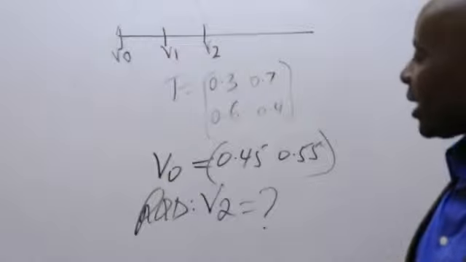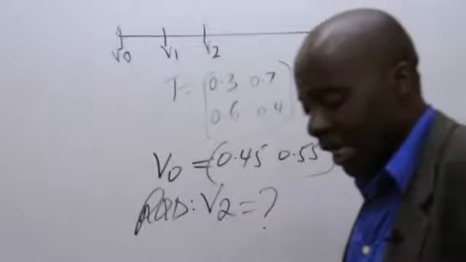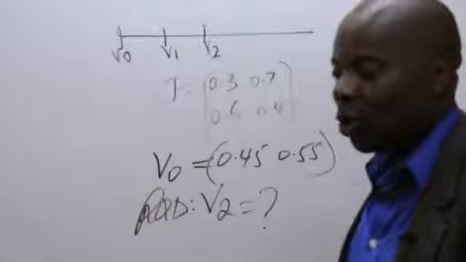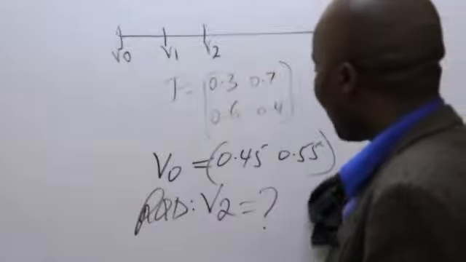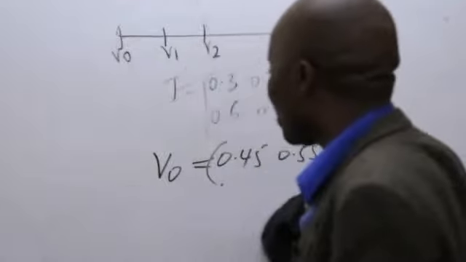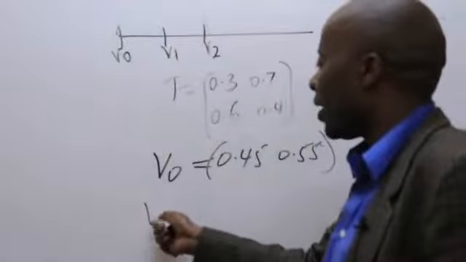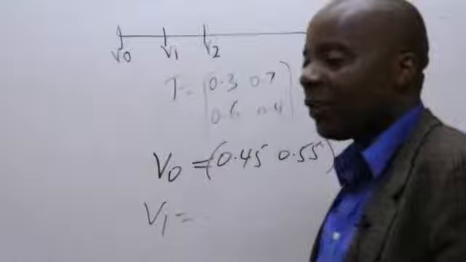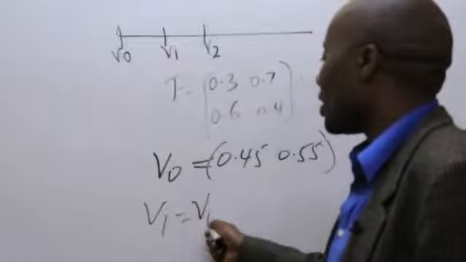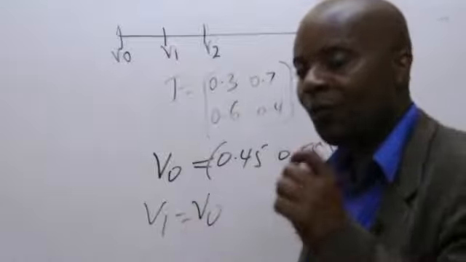So what am I saying? Even if the examiner has asked me to get vector 2, there is no way I'll be able to jump like that. Markov systems don't allow that. So what I need to do is to first give them vector 1. And how do I get vector 1? Vector 1 can only be obtained from vector 0.